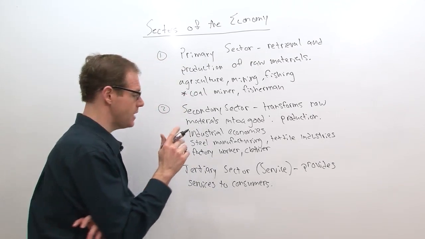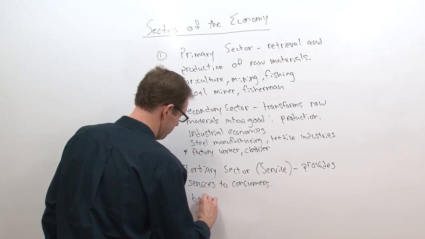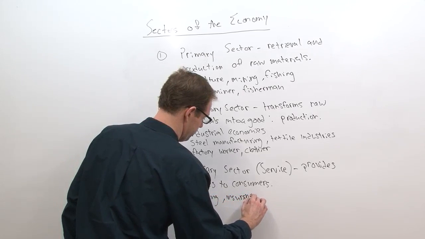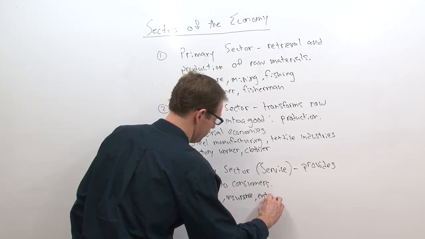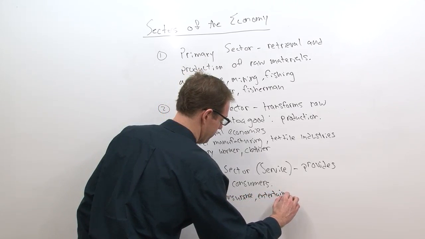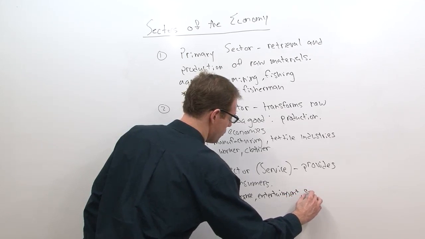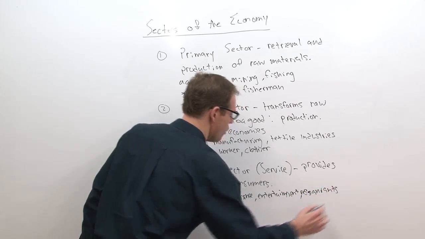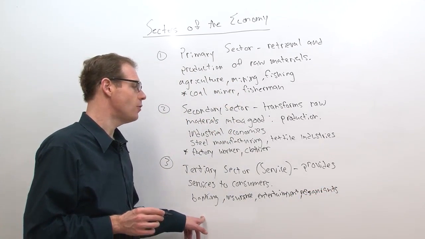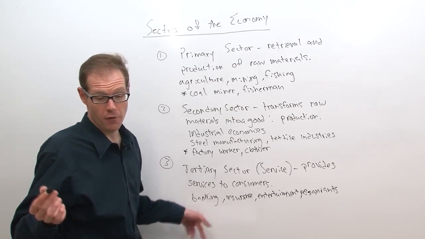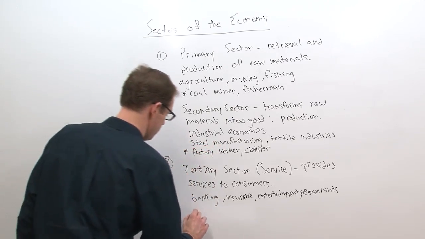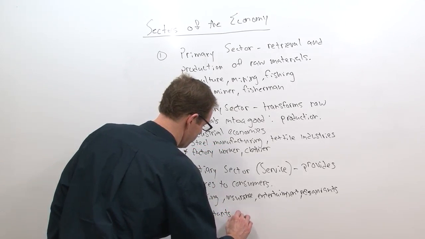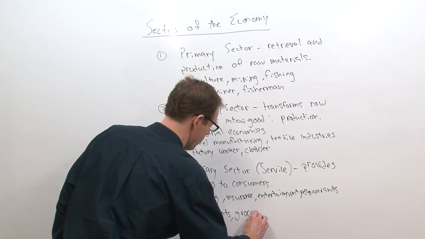This involves, for example, banking, insurance, entertainment, even restaurants. So examples of tertiary level or service sector jobs might involve shopkeepers, accountants, grocers, so on and so forth.